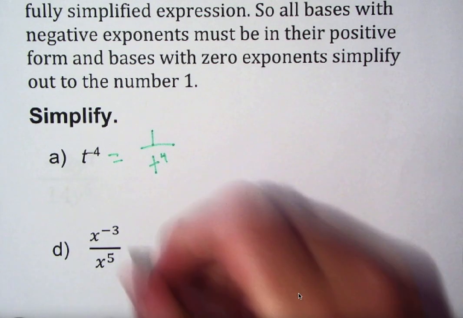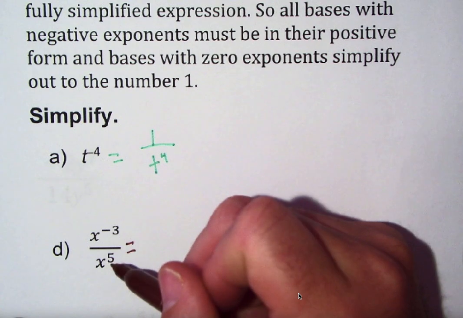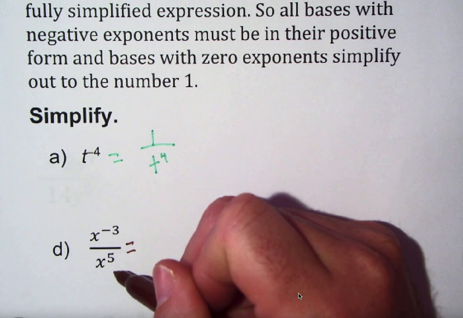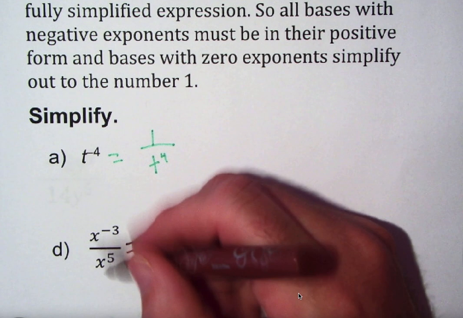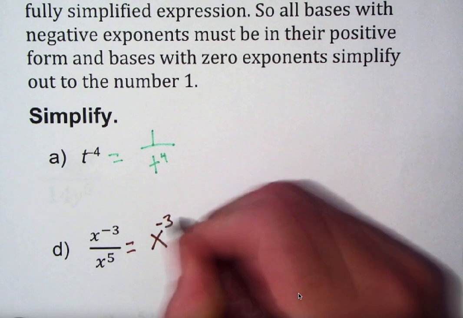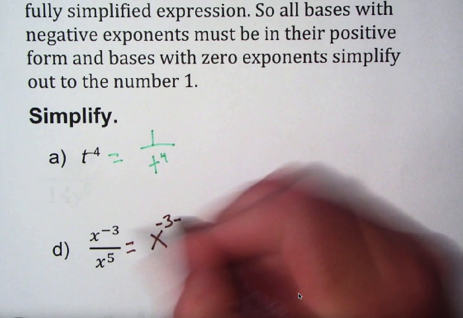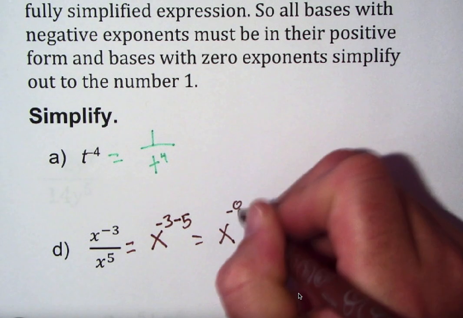We go to d. D gets a little trickier. We have a negative exponent, and we have an exponent in the bottom. Right? It's 2 approaches. Because the bases are the same, we can keep the base the same and subtract the numerator exponent by the denominator exponent. So we get x to the negative 8th.